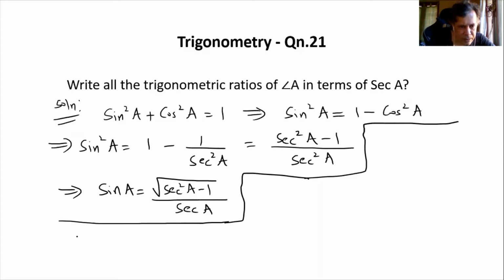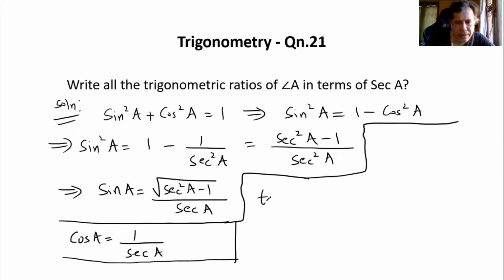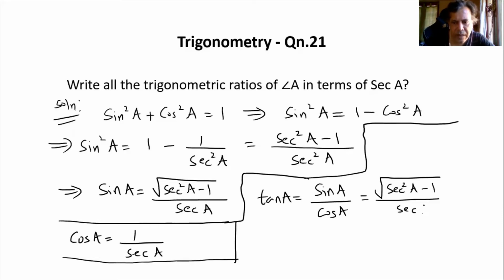Then the second one, cos A in terms of secant A. That is direct. It is simply 1 by secant A. Then the third one, it is tan A. We know tan A is sin A divided by cos A. Already we computed sin A in terms of secant A. So I will write that square root of secant square A minus 1 by secant A, and divided by cos A means it is 1 by cos A. I have to multiply. 1 by cos A means it is secant A. So secant A I should multiply.